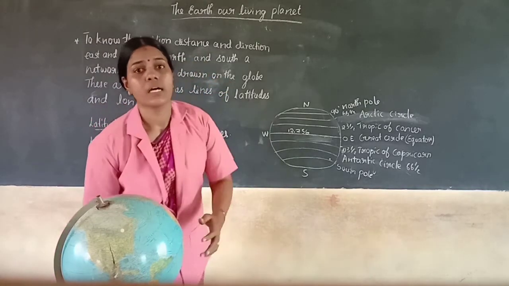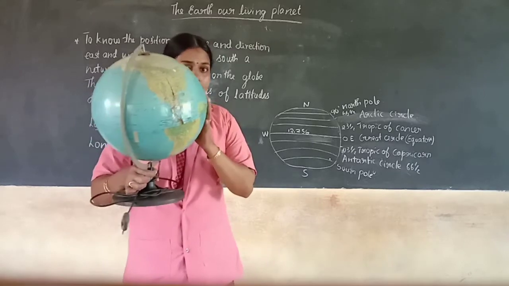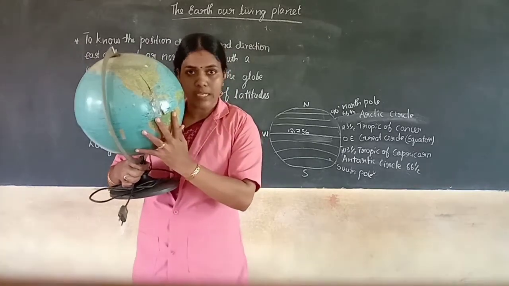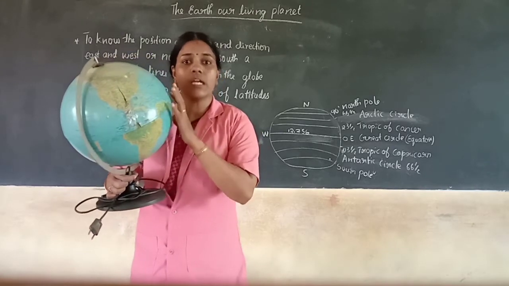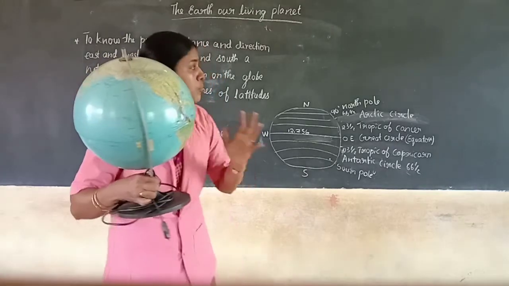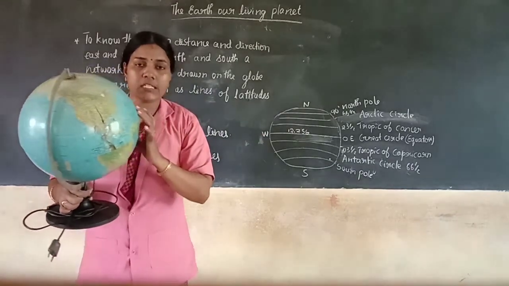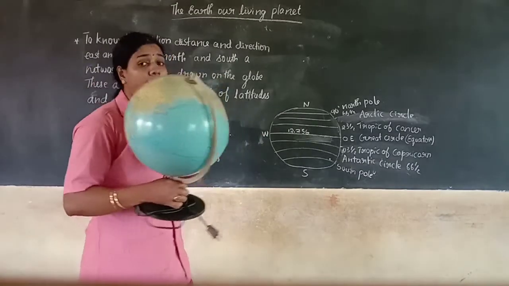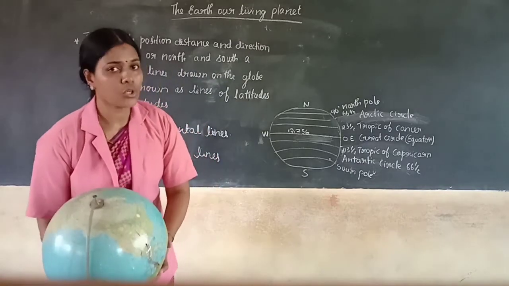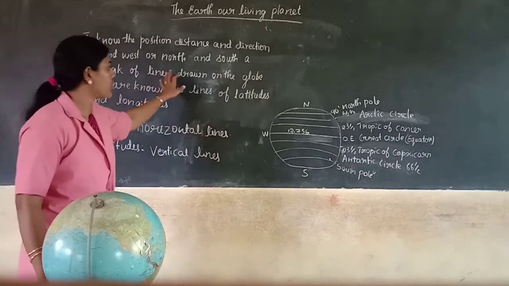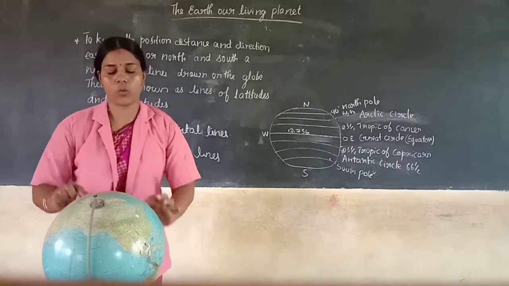It is very difficult to find out the distance from one place to another place and the direction also. To know this, a network of lines is drawn on the globe.